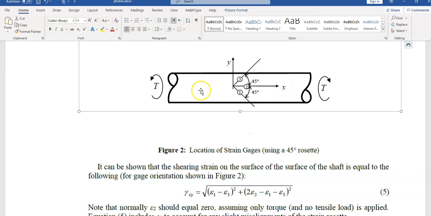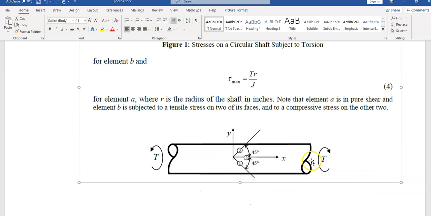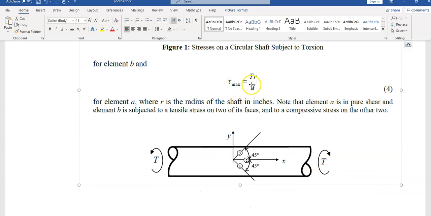As there's no load applied in axial direction, we don't expect this shaft to change in length in x direction. But after you do the experiment, you would get some non-zero values for epsilon 2, and it would make some deviation from the theoretical value that you finally get for shear stress.